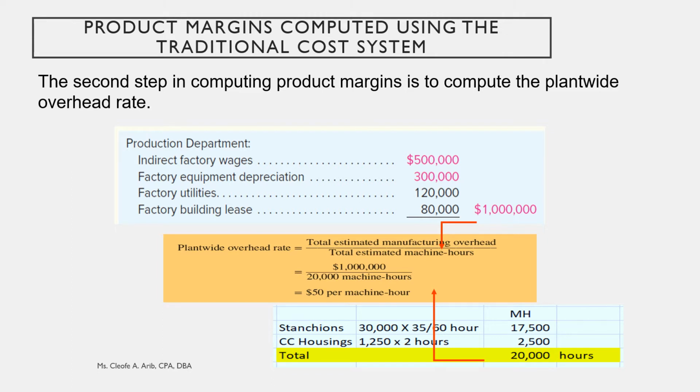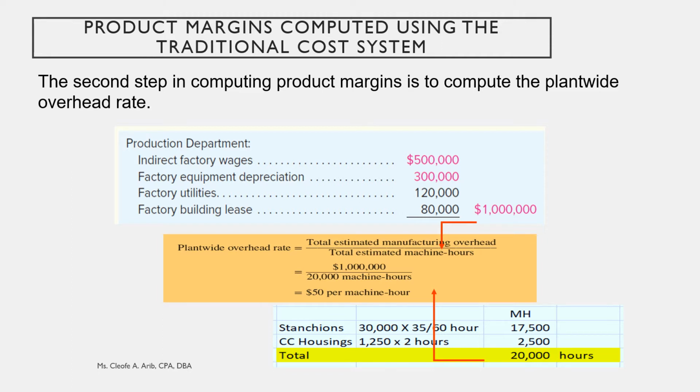So, ano ba yung formula para makapag-compute tayo ng plant-wide overhead rate? If you recall, sa inyong cost accounting days, the formula for your plant-wide overhead rate is to divide your estimated manufacturing overhead by your total estimated machine hours. Now, if you recall from the given earlier, your total estimated manufacturing overhead was 1 million.